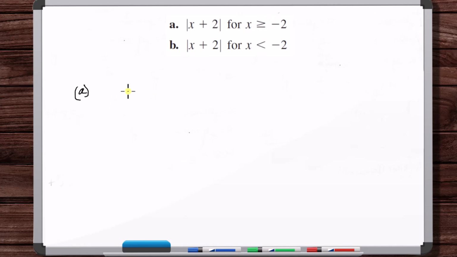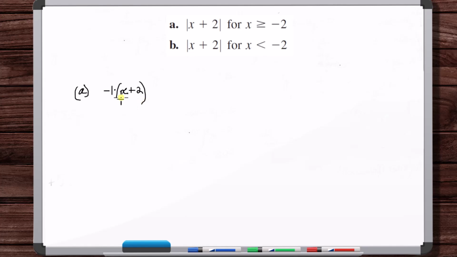So, okay, absolute value of x plus 2, but when x is greater than or equal to minus 2. Okay, well, when x is greater than minus 2, absolute value of x plus 2 is always going to be positive, so we can remove the absolute value by doing this. But what about when x is equal to minus 2?